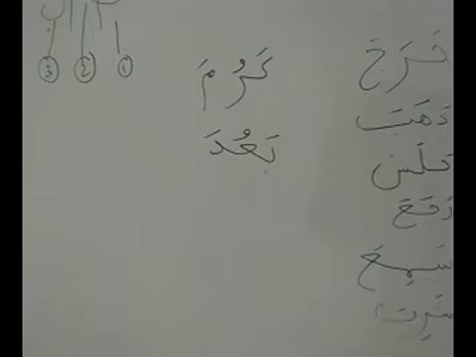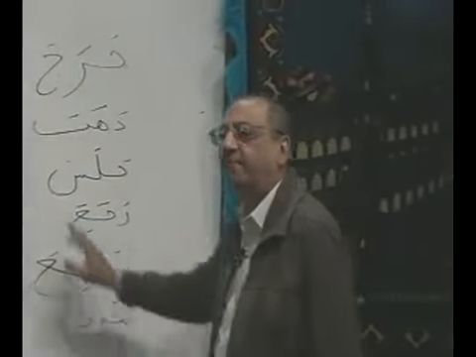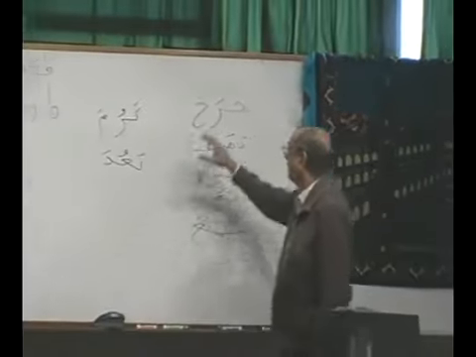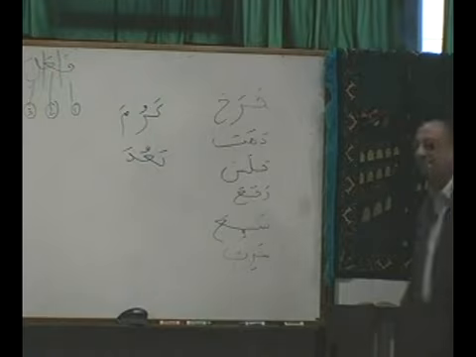Now, if you observe this, you will find something. And I told you last time that fa kalima in all of them has a fatah, and the lam kalima, all of them has a fatah. So that is the rule.